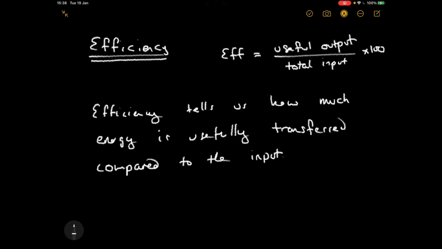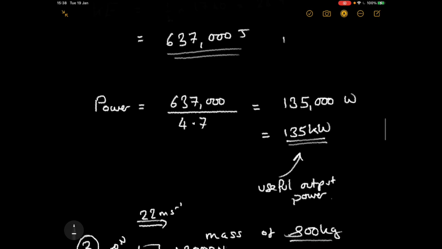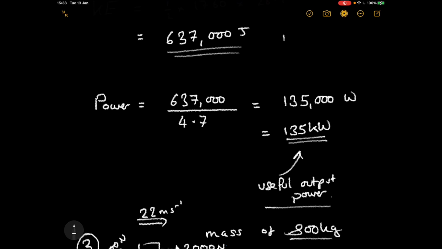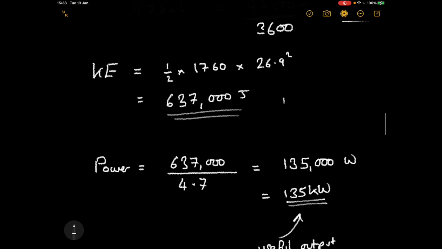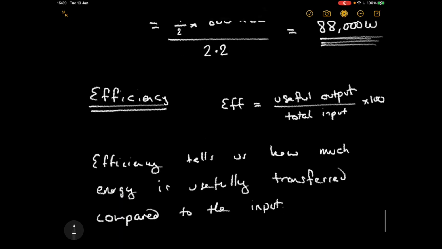So we can get a measurement of what went out and what went in. Let's consider this thing we worked out, the useful output power of this car. We had 135 kilowatts, which was what we got usefully by generating 637,000 joules of kinetic energy.